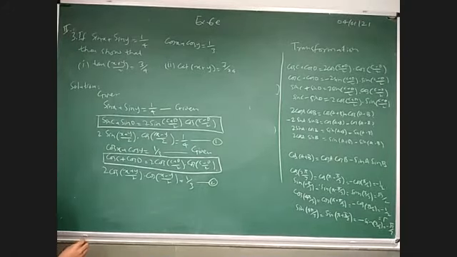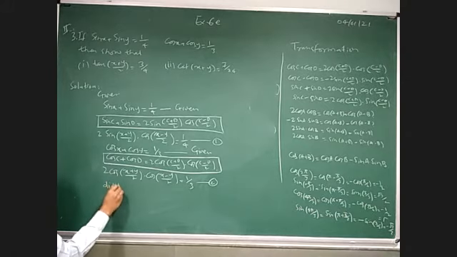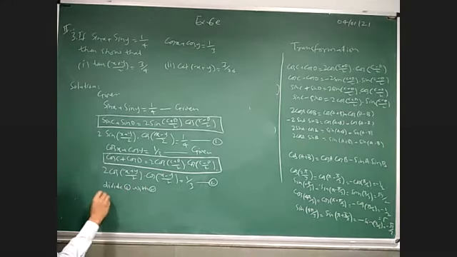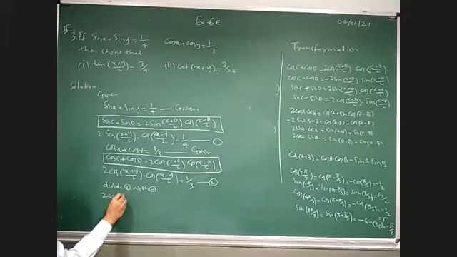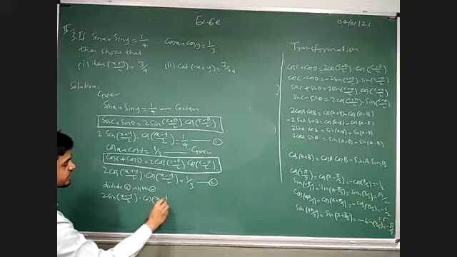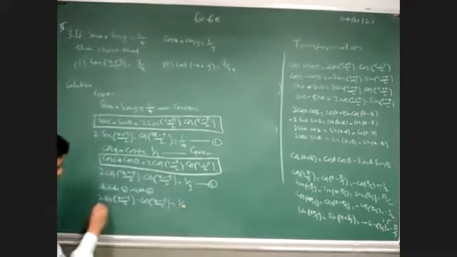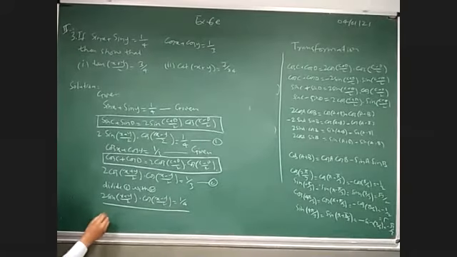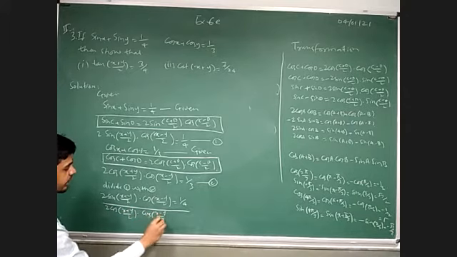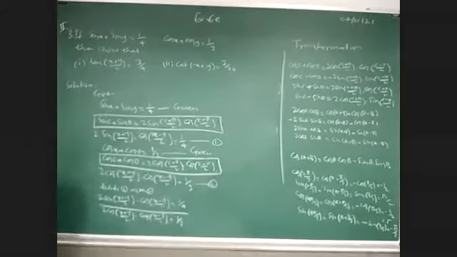So I will have 2 sin((x plus y) by 2) into cos((x minus y) by 2) by 1 by 4, divided by 2 cos((x plus y) by 2) into cos((x minus y) by 2) that is 1 by 3.